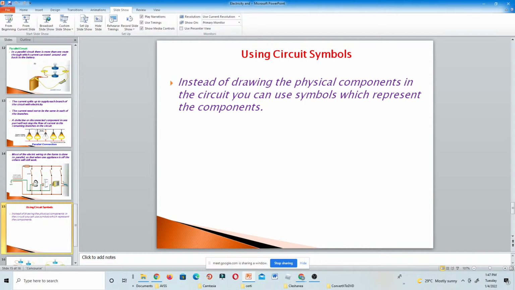So instead of drawing the physical component in the circuit, you can use a symbol which represents the component.